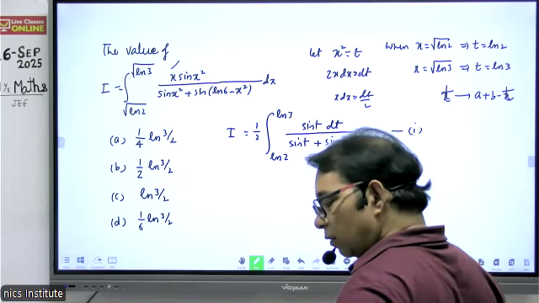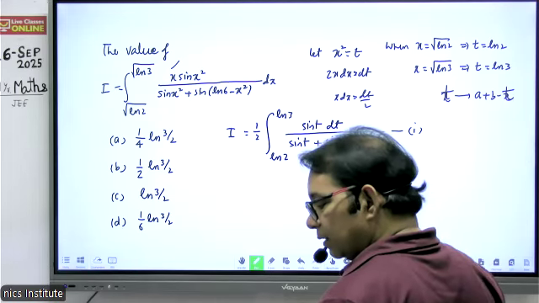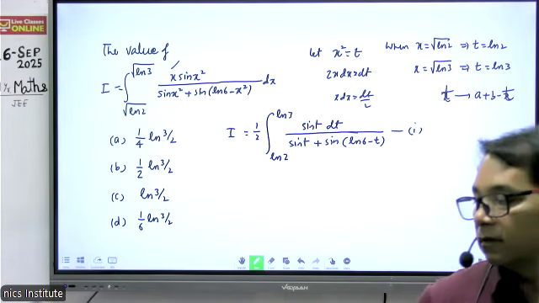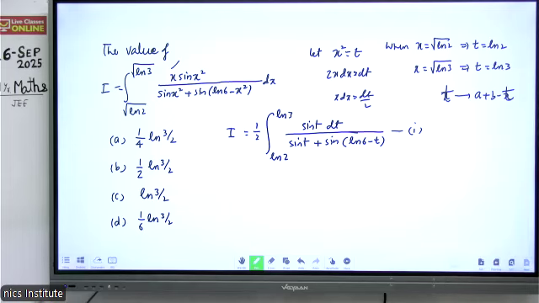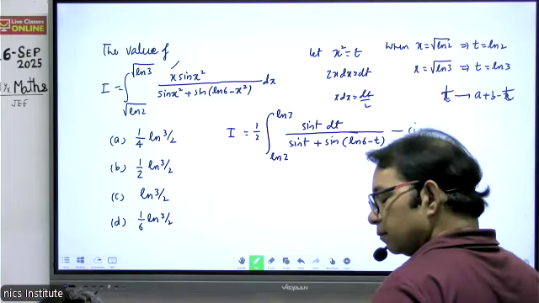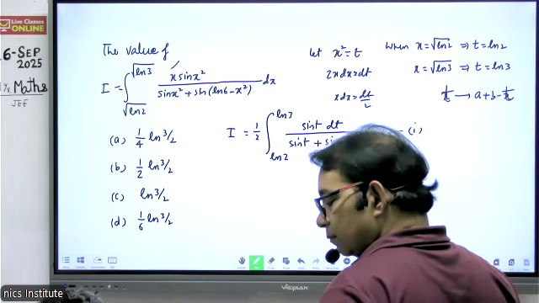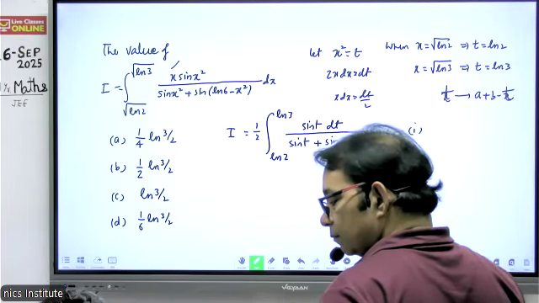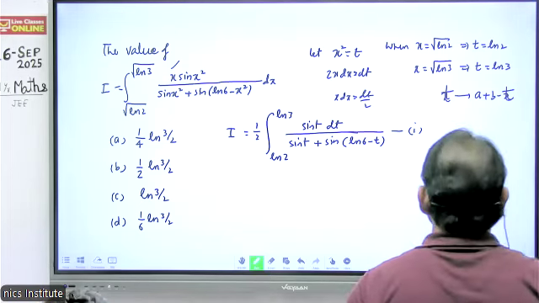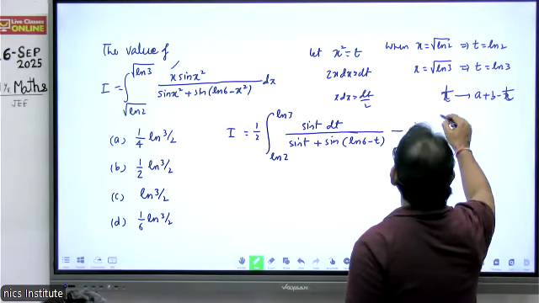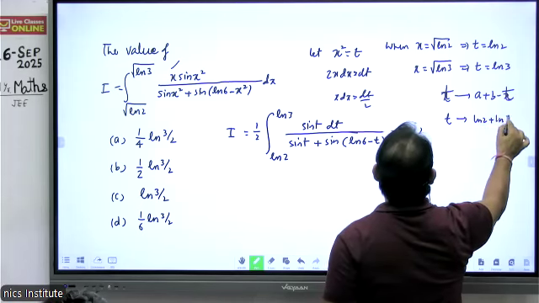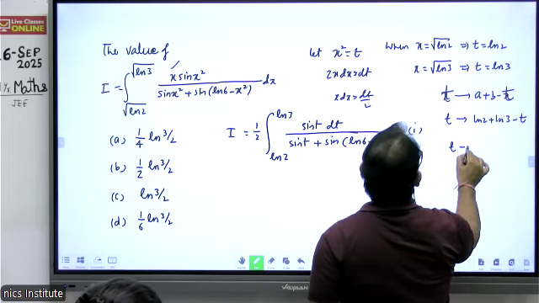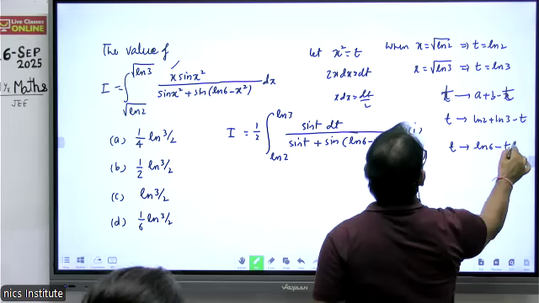Then you apply the property of log. ln2 plus ln3 is ln6. Wherever you have t, you replace it by ln2 plus ln3 minus t, that is, t is replaced by ln6 minus t.